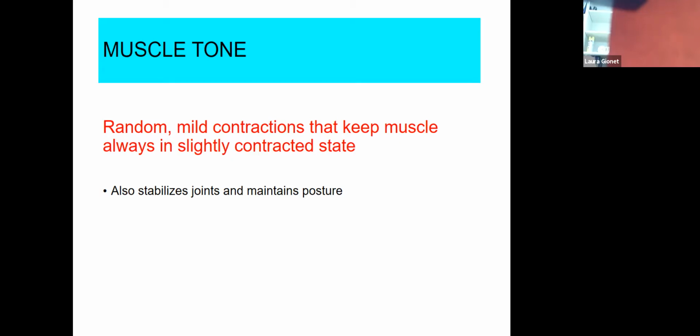This is a lot about survival, and being able to initiate skeletal muscle quickly and respond when you are in fight or flight, or what's called sympathetic mode.